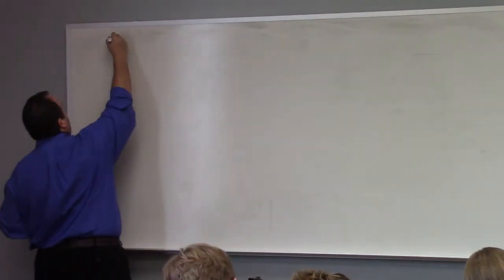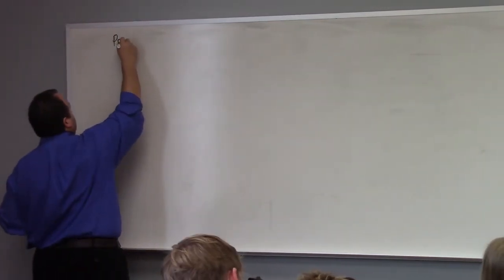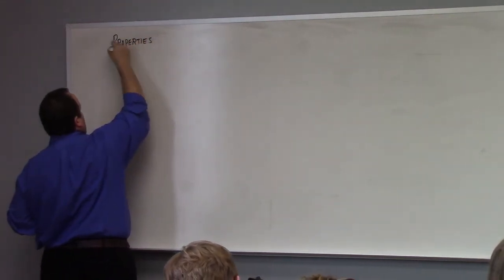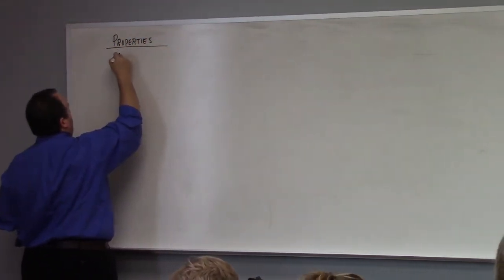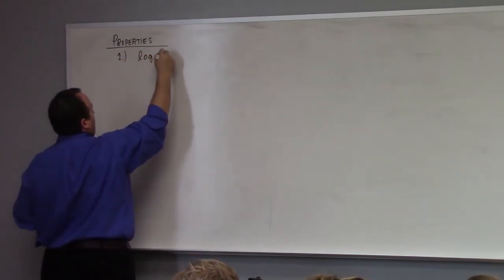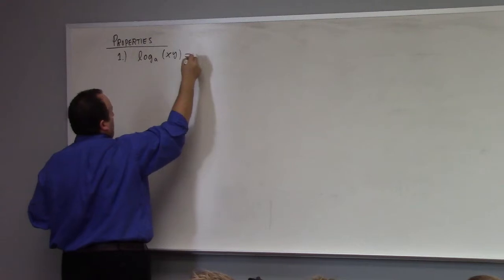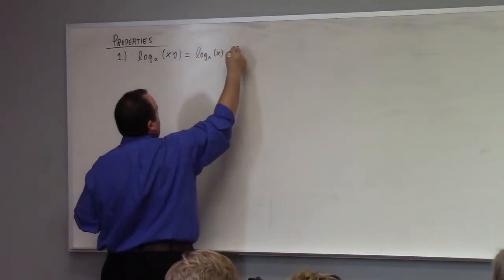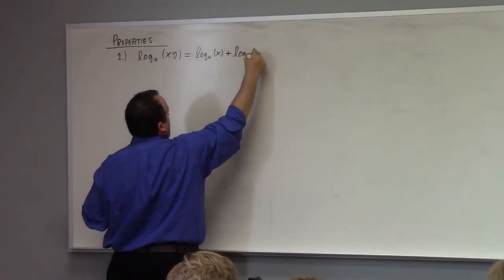So here are the properties of the logarithm. Number 1: log base a of x times y is equal to log base a of x plus log base a of y.